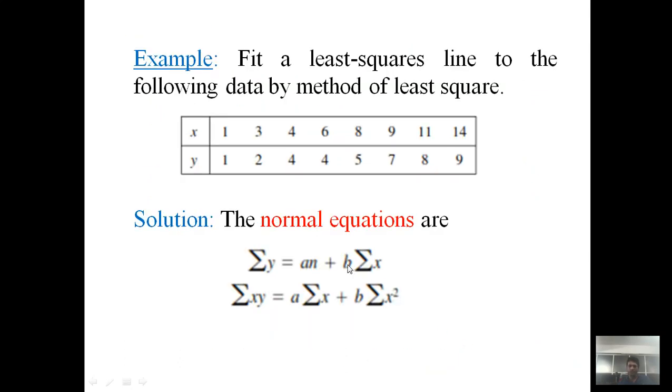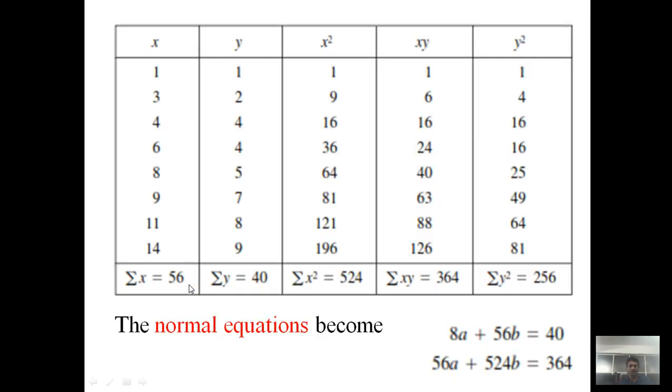Plus b, which is unknown, so b is as it is, and the sum of x is 56, so plus 56b. So from the first normal equation we get the first equation.